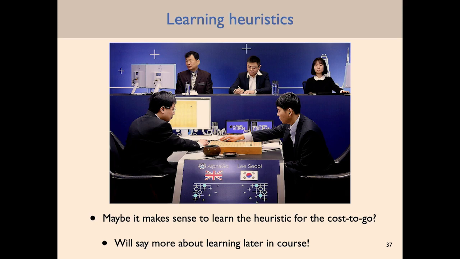In the A star example that we discussed before, we were manually specifying what the heuristic should be. It's some underestimate that we come up with, like Euclidean distance from a vertex to the goal vertex, or some other valid under-approximation. But one thing you could do is just learn what that heuristic, that cost-to-go estimate, is.